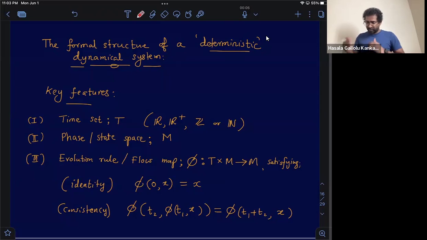When you pick one transformation and apply different x values from space M, you're going to get a different output, right? So you can combine these two different directions into one map, which is called an evolution rule.